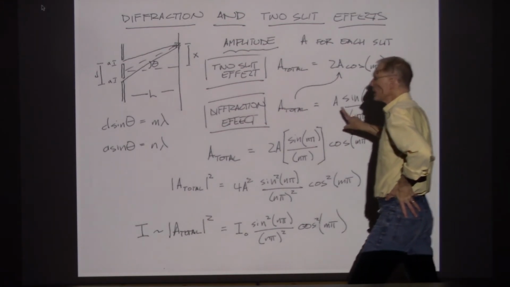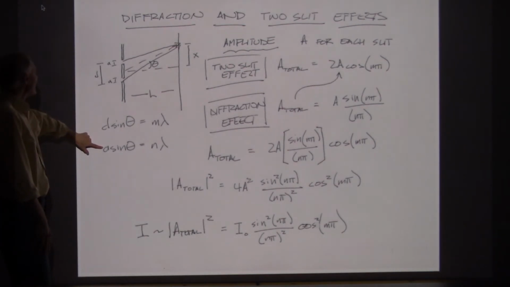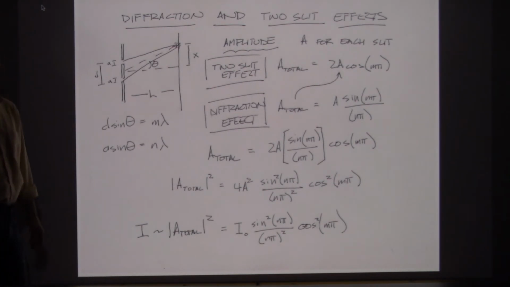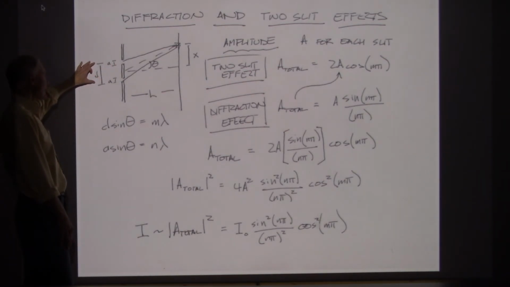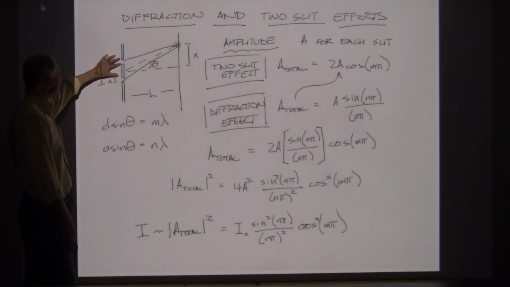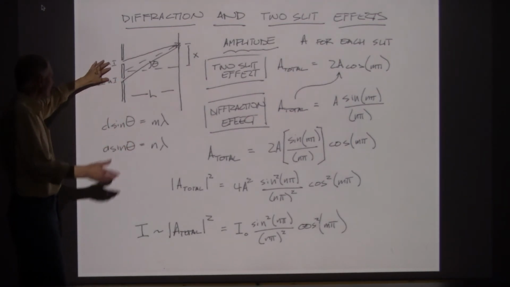So what I've done here is, oh my gosh, I went back and used little a again. So at this point, I guess it really is either or that you've got to be prepared for. So here are the 2 slits. Center to center for the 2 slits is a distance d. Each slit individually is either a width of little a or big D, depending on which variable gets used.